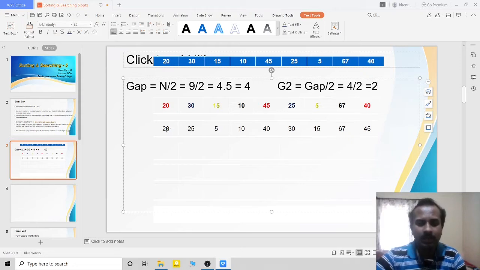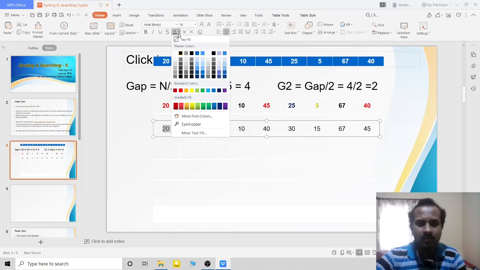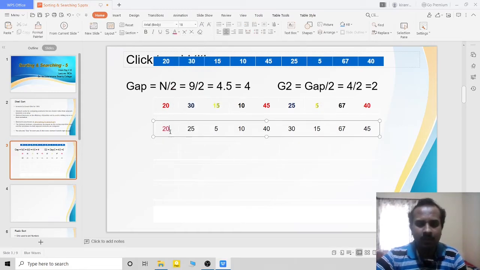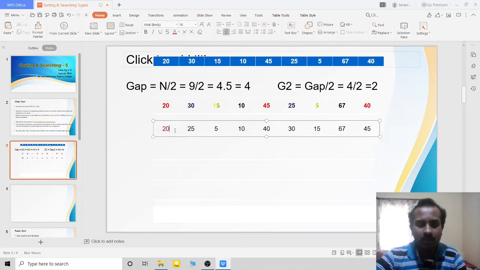Now, let me again first choose the starting element, 20. Then 1, 2, 5. 1, 2, 40. 1, 2, 15. 1, 2, 45.